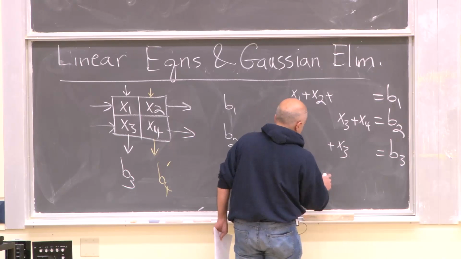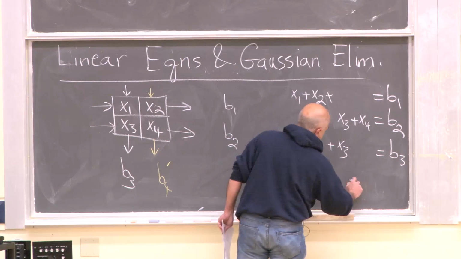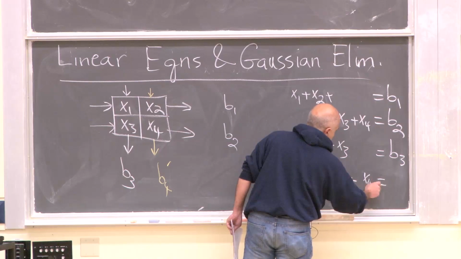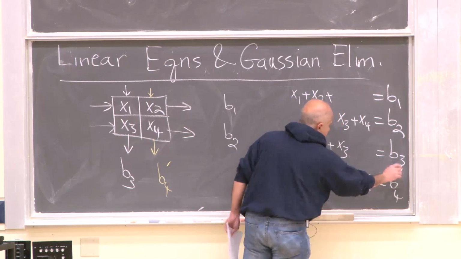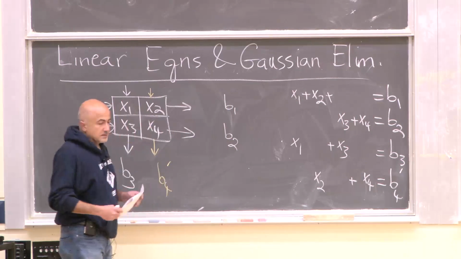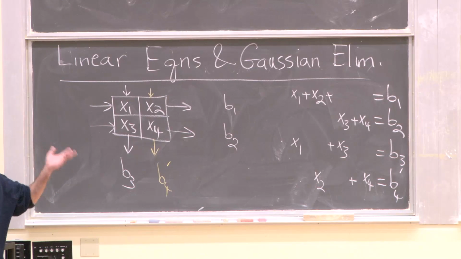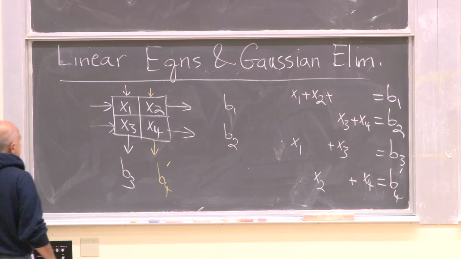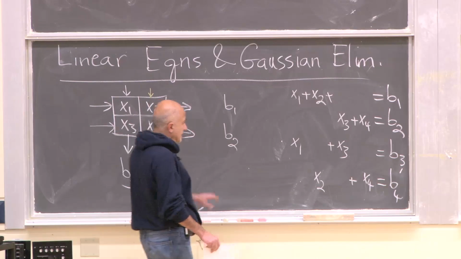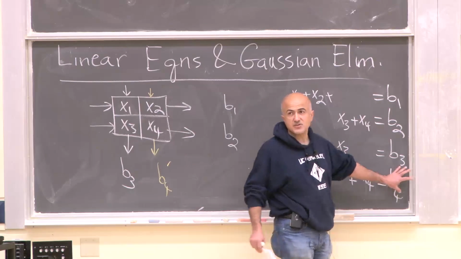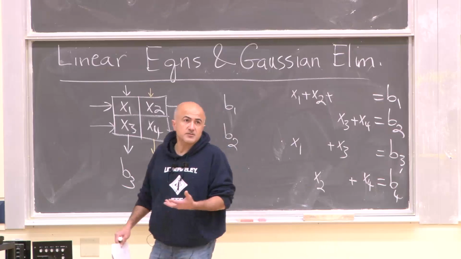So that one was what? x2 plus x4 was B4 prime. And we discussed that by combining the equations in particular ways, we realized that the last measurement is actually not giving us any new information.